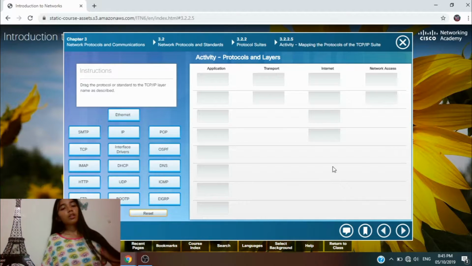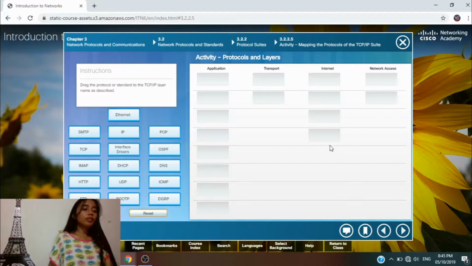This one will provide their layers, I guess.